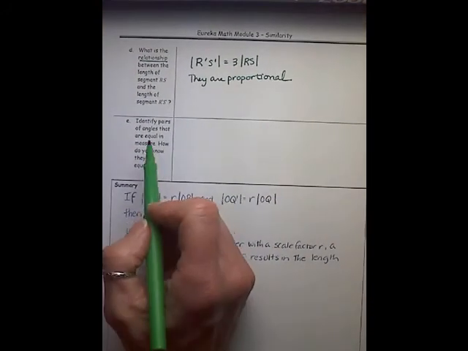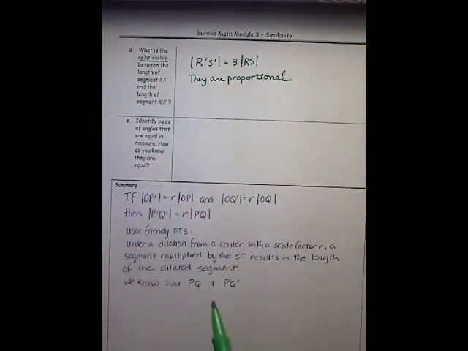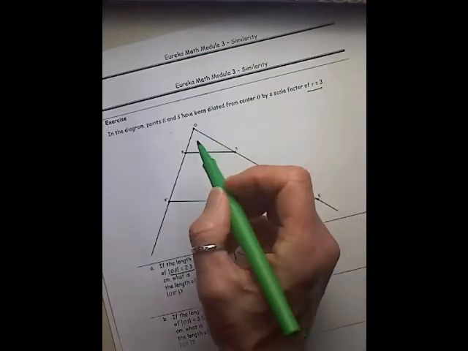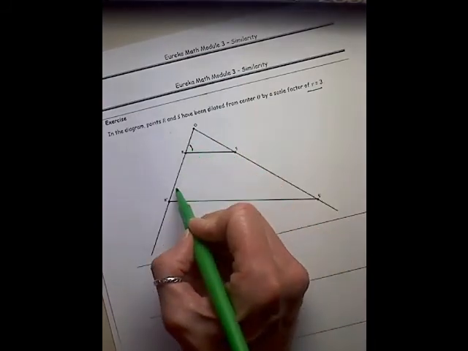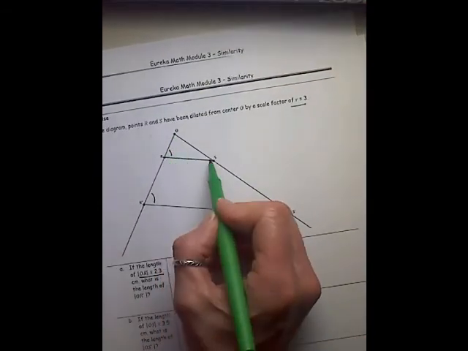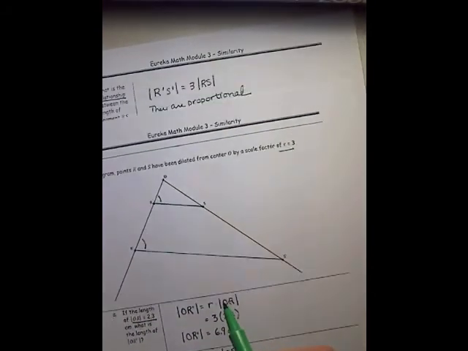Question E. Identify pairs of angles that are equal in measure, and how do you know they are equal? So I'm going to go back to that page and look for pairs of angles that are equal in measure. I know that these are parallel lines and that this is a transversal. So one of the things that I know is that corresponding angles are equal in measure. So this one would be angle ORS and OR prime S prime.